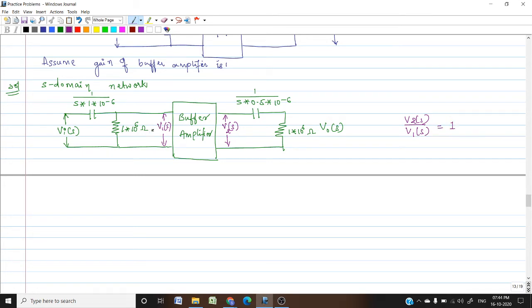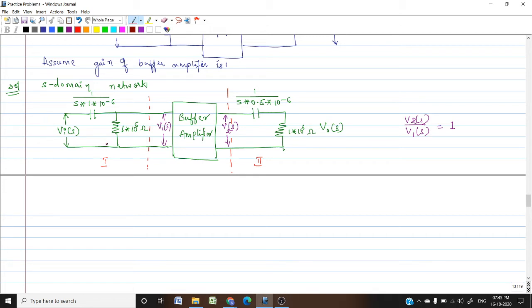Now we will split this network into two parts. First we will analyze only this part, and the second part is this part. We will take these two networks separately.